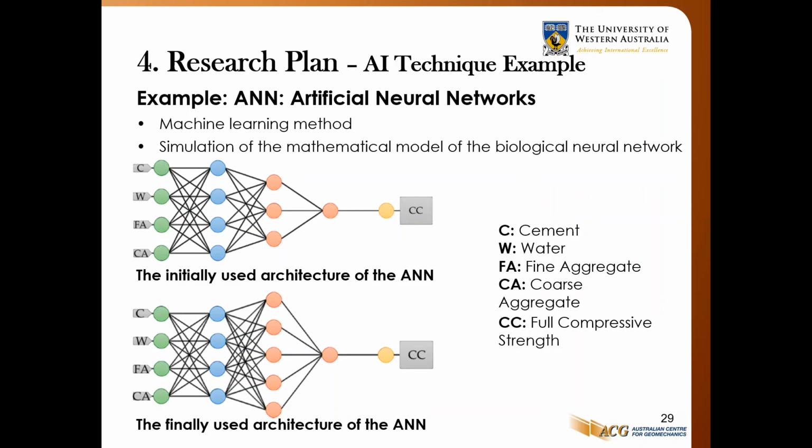We can see that in their case, they use 3 hidden layers. The finally used architecture of the ANN is the optimal ANN model, which they optimized with machine learning. We can see that the neurons are more than in the initial one.